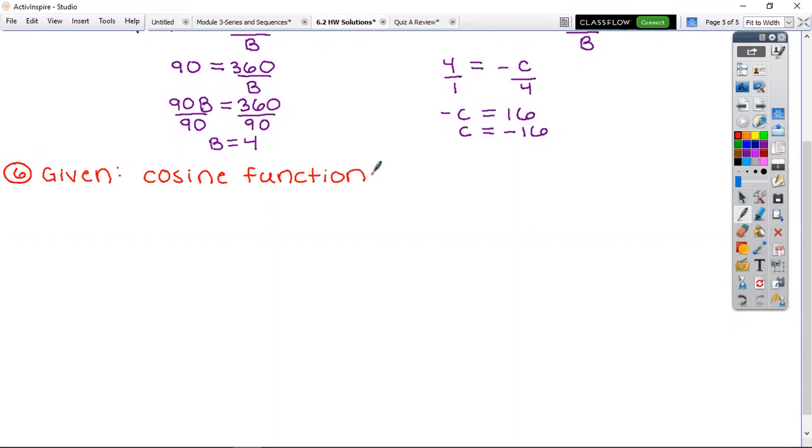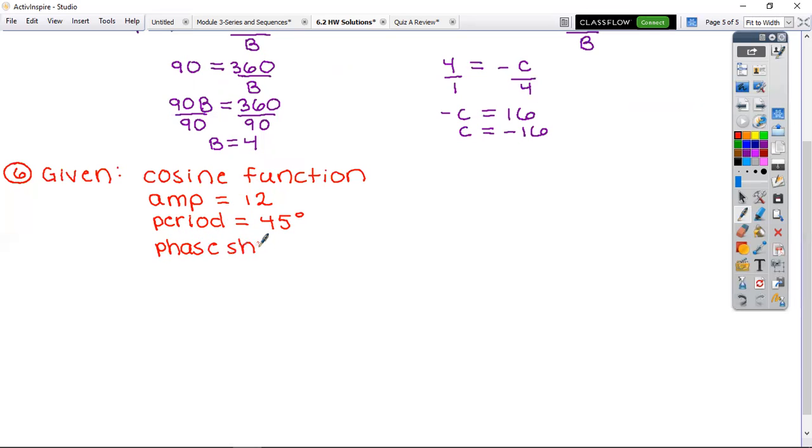And let's say we have an amplitude equal to 12. And a period of 45. So that indicates degrees. And a phase shift of 180 degrees.